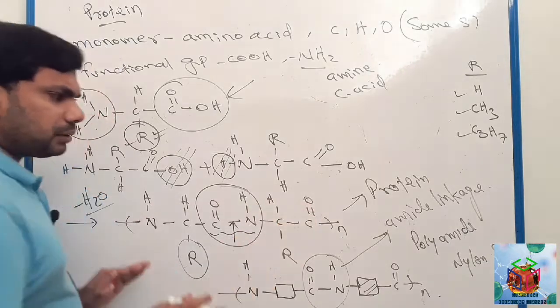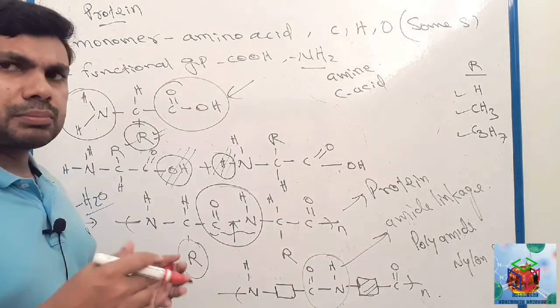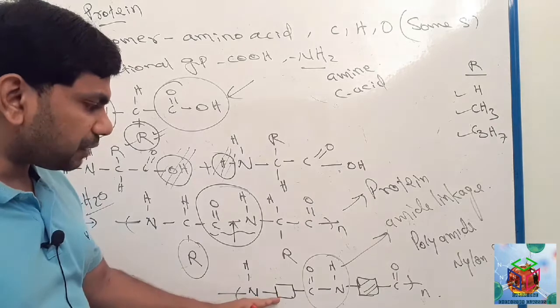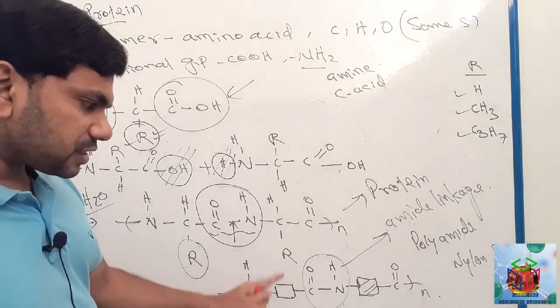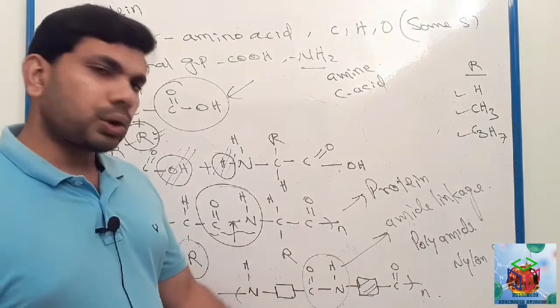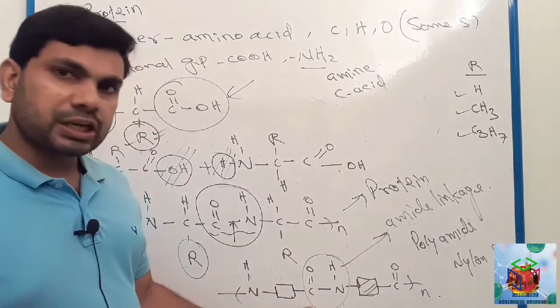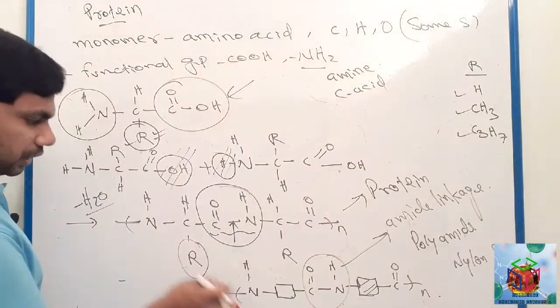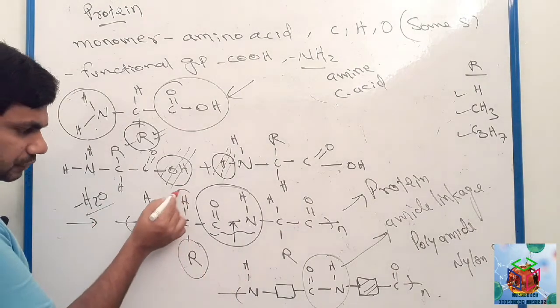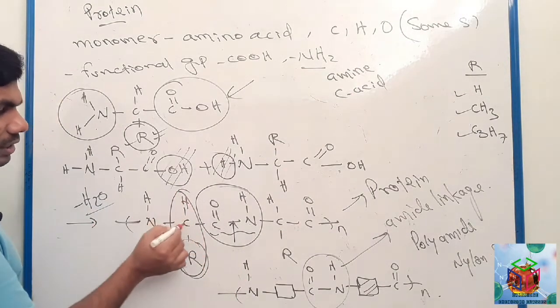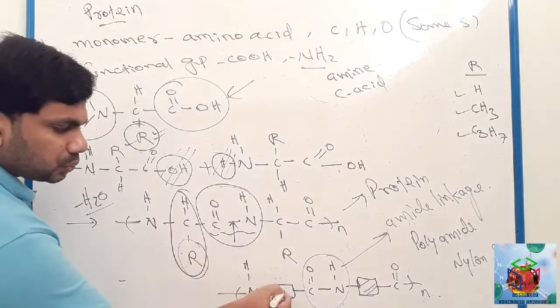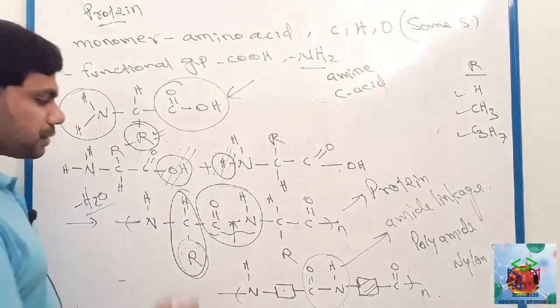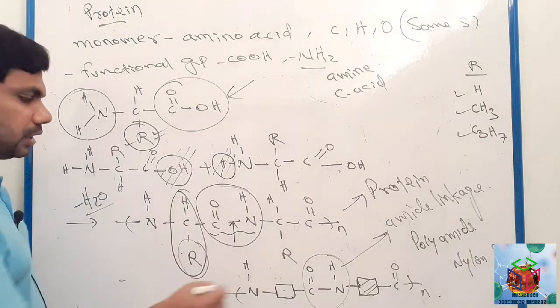Sometimes you can see in a textbook or past paper this type of structure representing protein. Look here, NH, and instead of this CHR I used one box. It represents one alkyl group, this group.